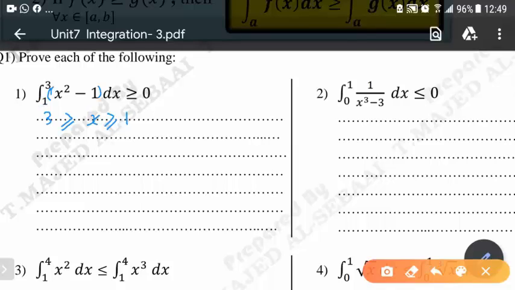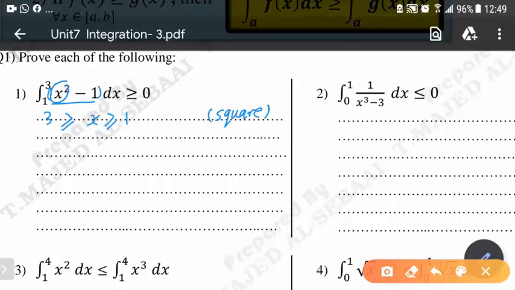Yes. Okay, now I will try to build the function. The first thing I need to do is the squaring. I need x squared, so I will square all the sides of this inequality.